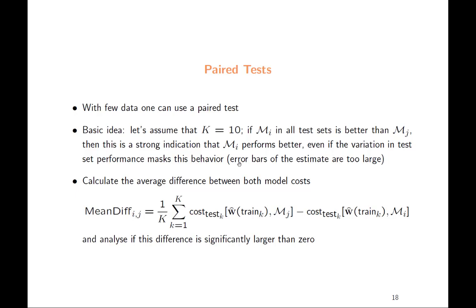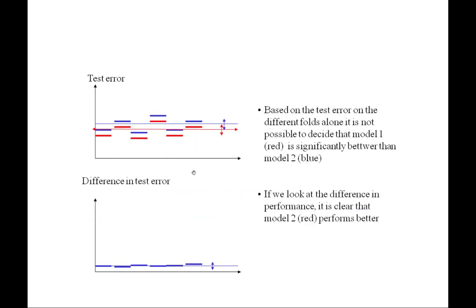We evaluate the difference in the performance at each fold. So this is shown over here. Then we see a lot of variance in the performance. These are the different folds here. And we see a lot of uncertainty here. They are jumping around a lot. But each time the red one is better than the blue one.